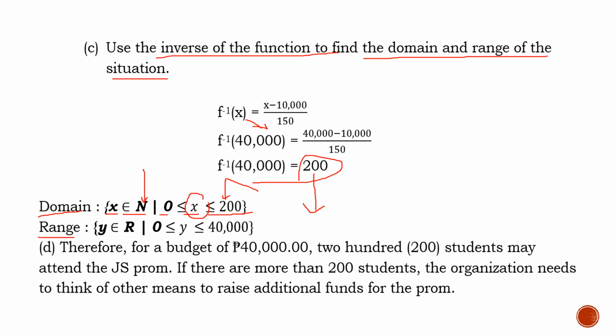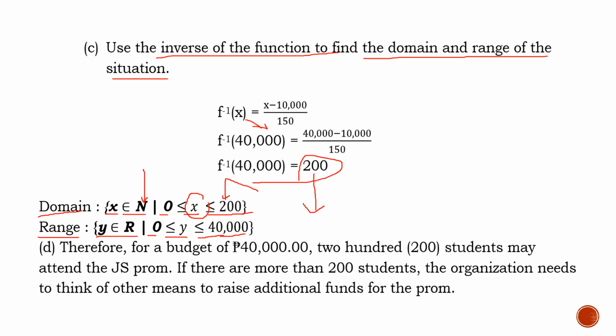Now, your y is an element of the real numbers. Your real numbers can be negative or positive numbers. So, again, 0 ≤ y ≤ 40,000, because 40,000 is the limit, the maximum allocated budget for this event.